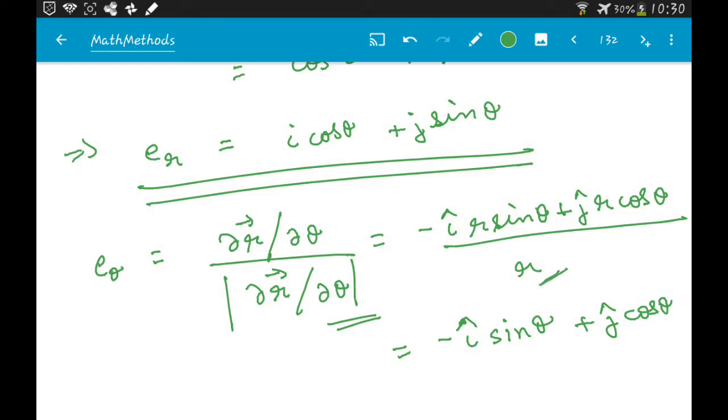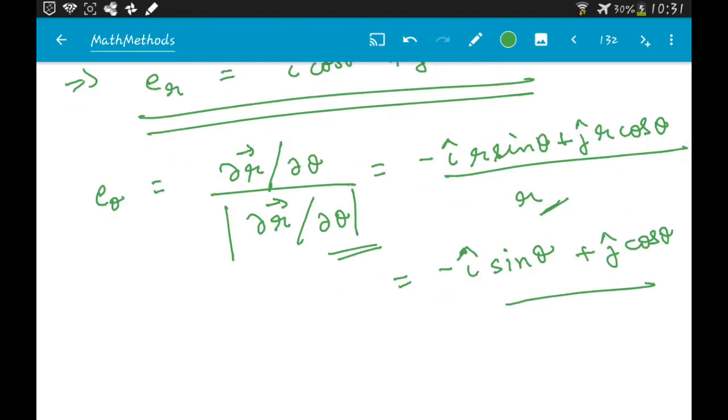And then r and r get cancelled and this is what you get finally. So I have shown you how in polar coordinates, your unit vectors, even with the help of the diagram, you can see how you can get your unit vectors in polar coordinates, and also with calculation you can get the same thing. So I have shown you 3 different kinds of calculations here.